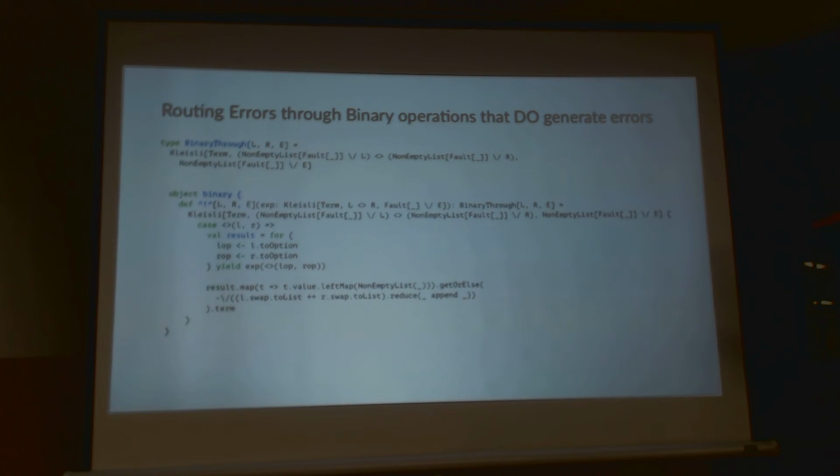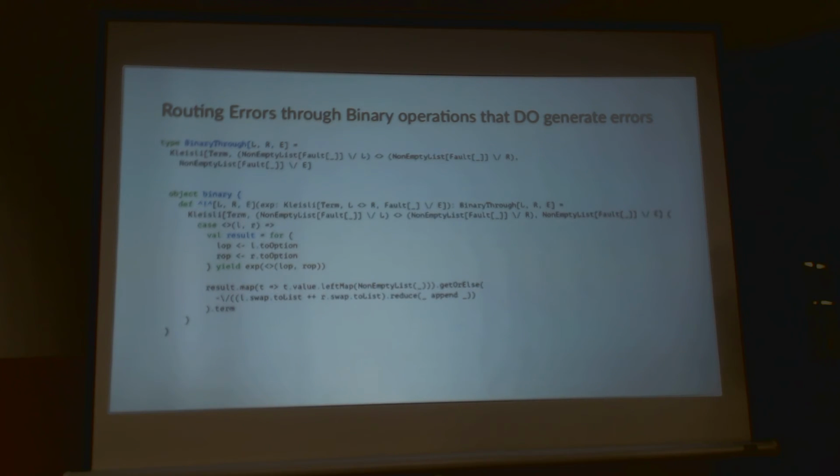Now, it's very similar to what we did with the unary operator, but the difference is the for comprehension has two items in it, where we're actually converting two disjunctions to options, left and right. And only if both of them are satisfied, then we can pass it to the function to actually operate on them. And that's how we do that right there.